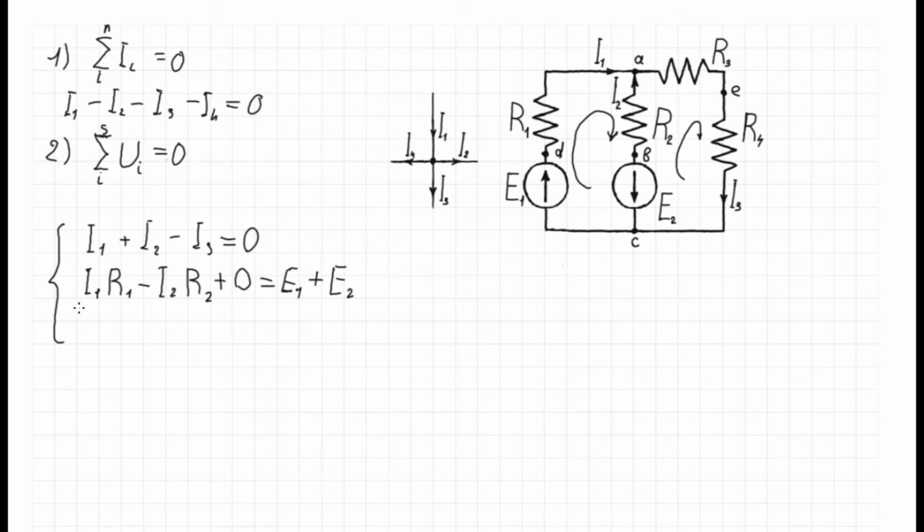And the next equation we adjust for the second loop. For the second loop we can adjust the equation for current third and second. Current first, as you see, is not present in this loop, and it equals 0.